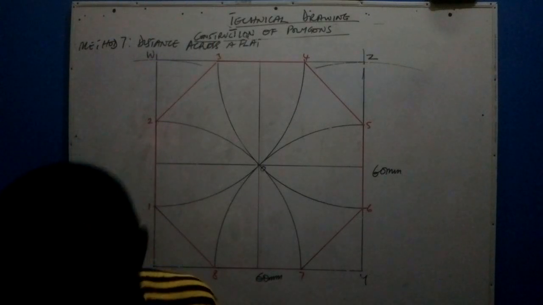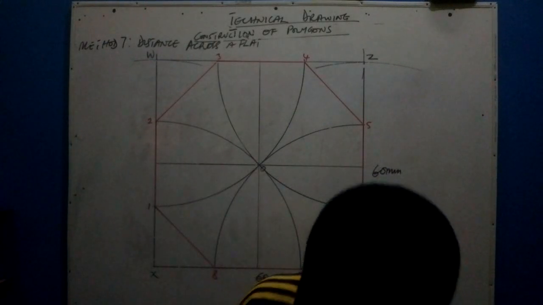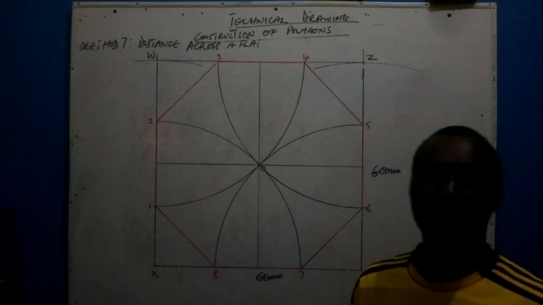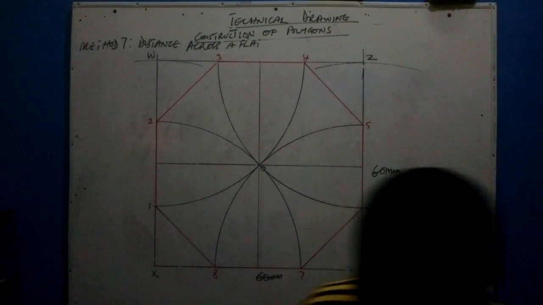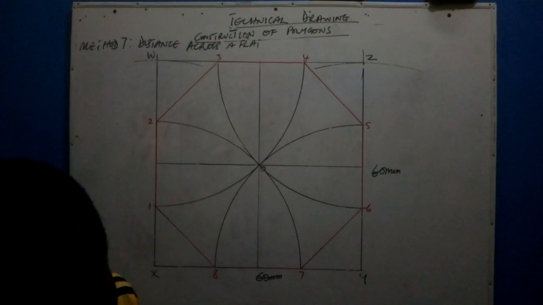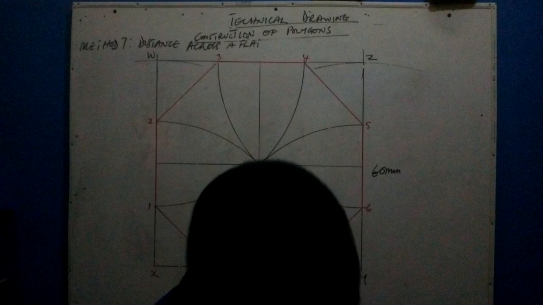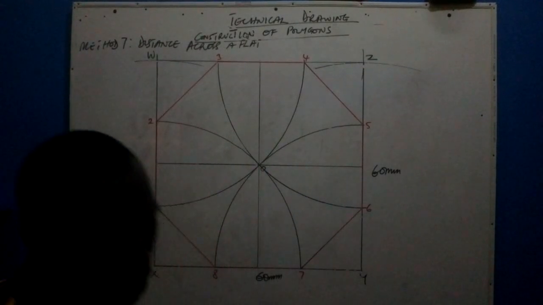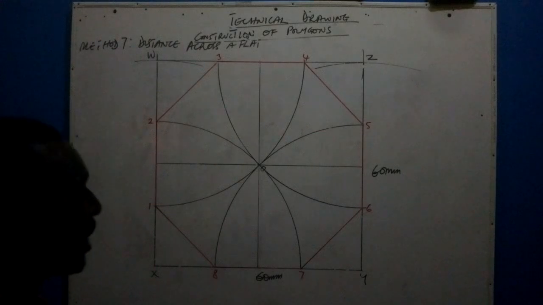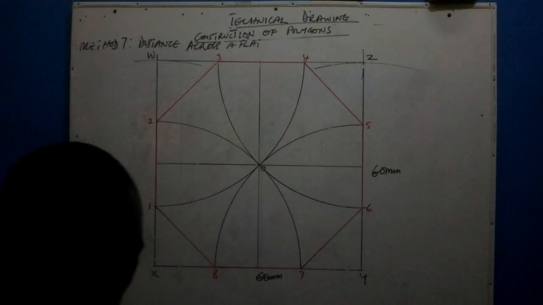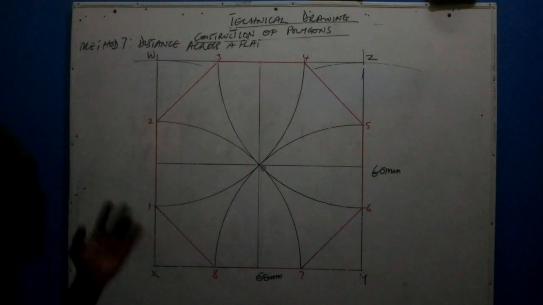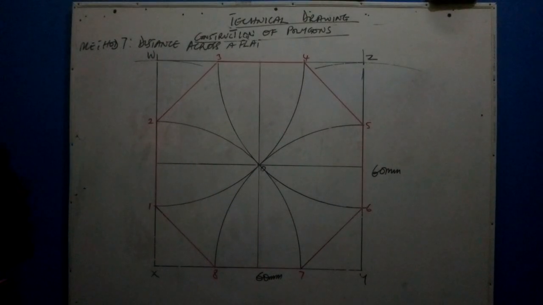We also looked at the trial and error method, the general method using the exterior angle, and yesterday the semi-circle method. Now we also looked at the distance across a corner, and the last one is the distance across a flat.